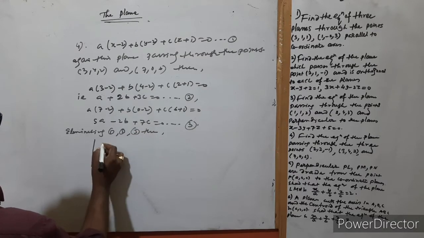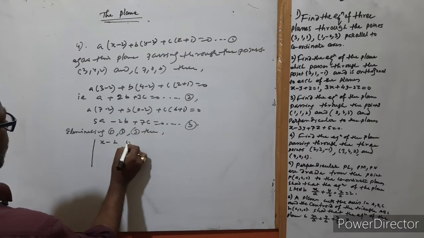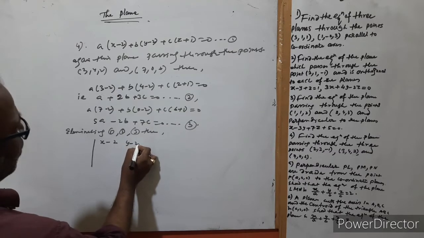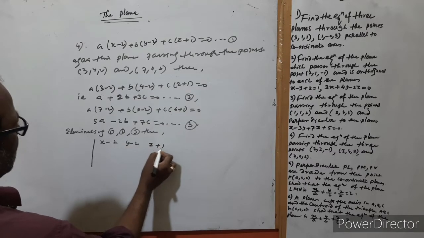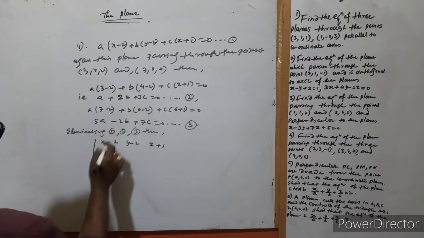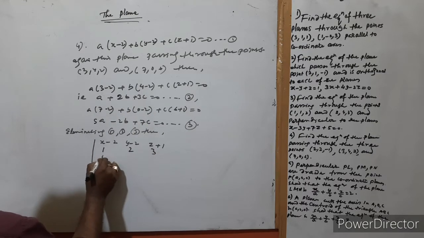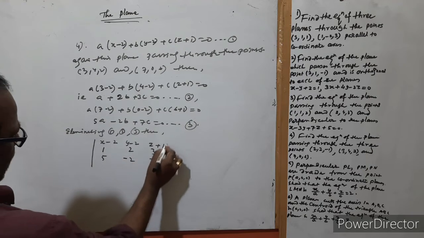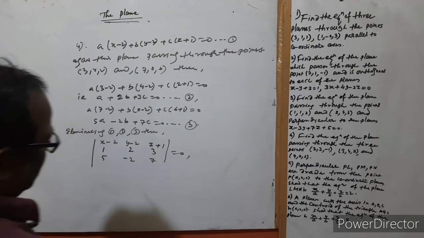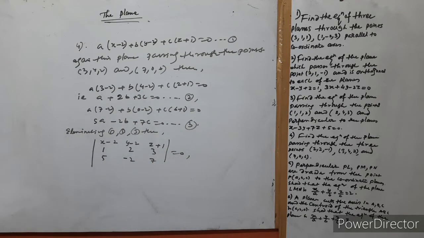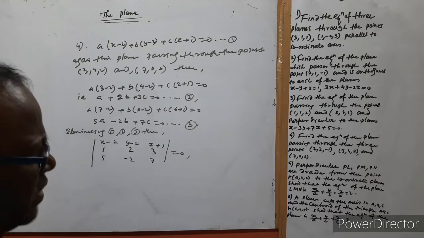Then x minus 2, y minus 2, z plus 1, and the coefficients only from 1, 2 and 3. See the technique carefully, how we can follow this problem here. Okay, so this is the equation of the plane, and we expand this determinant. We get the answer here.